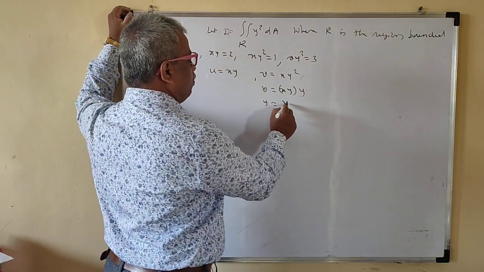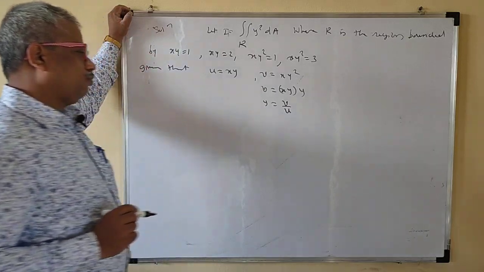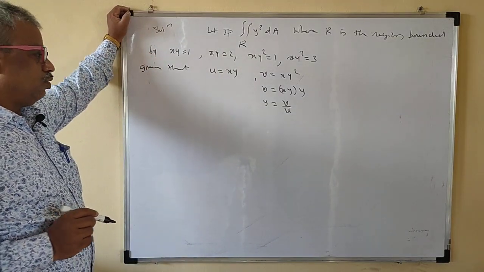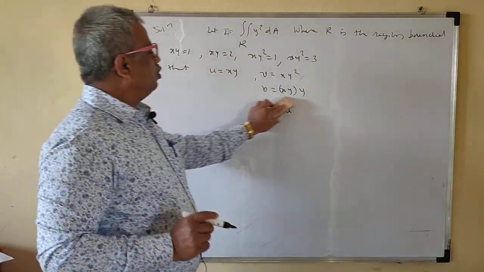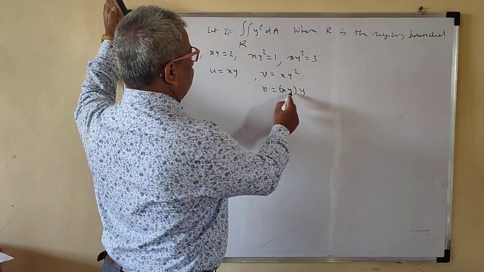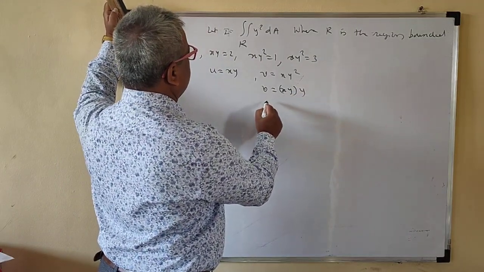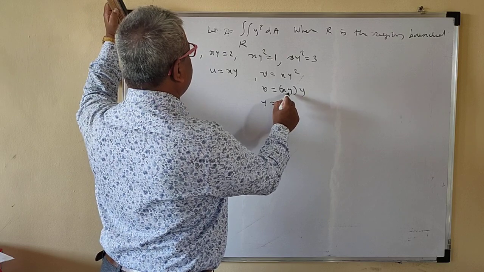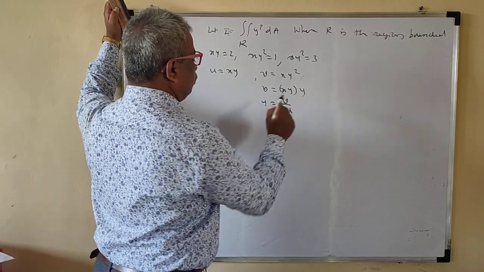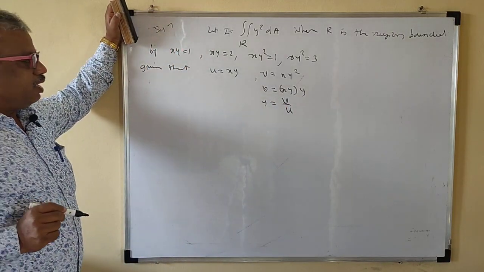So y = v by u. This is u, okay, so y is equal to v by u.